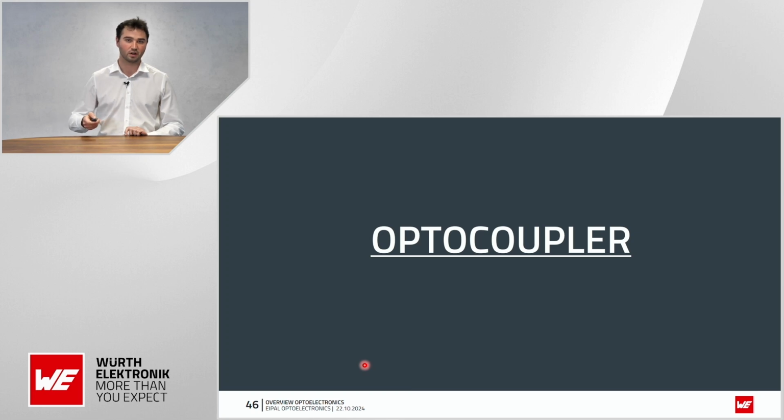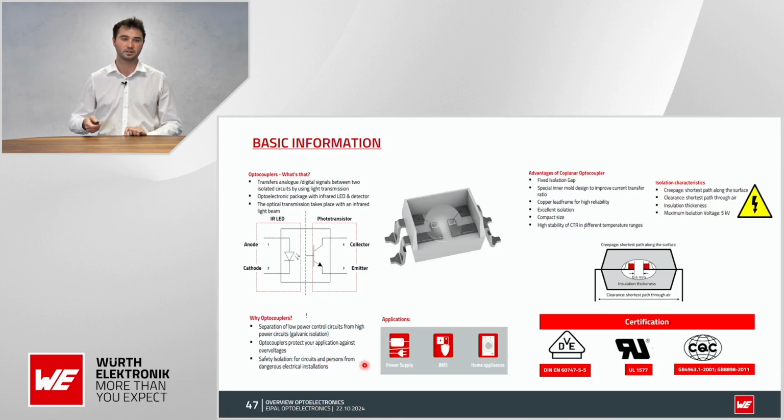So this is now the last big group of optoelectronic components, the optocouplers. The optocouplers are also an infrared LED and a phototransistor just in one package. And the idea is, okay, if here the LED is on, then the phototransistor also is on and lets current through.